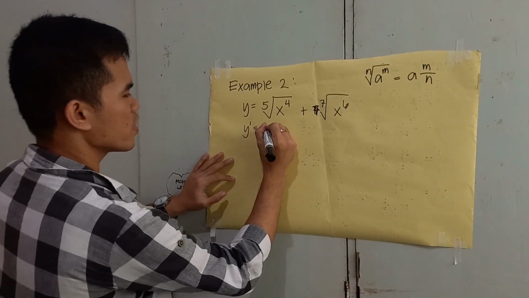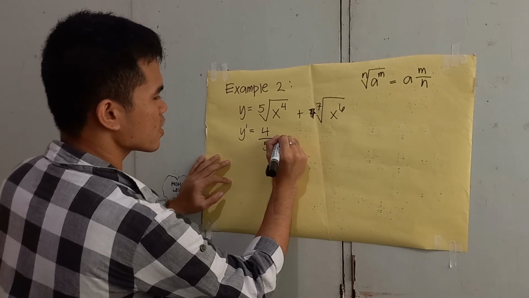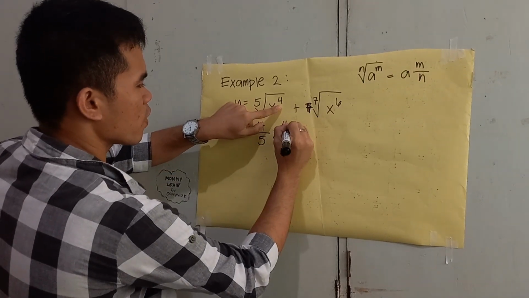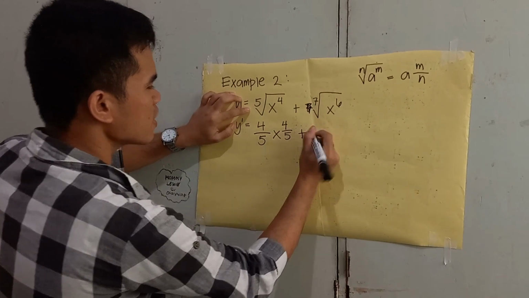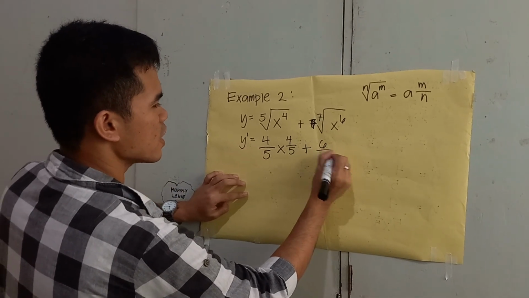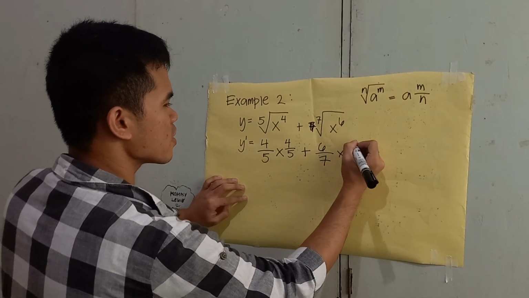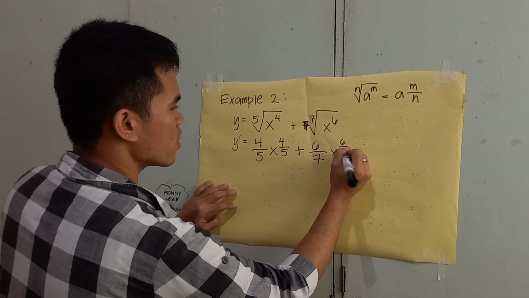So bring down 4 fifths, x raised to 4 fifths, plus, same as the first term, 6 sevenths, x raised to 6 sevenths.